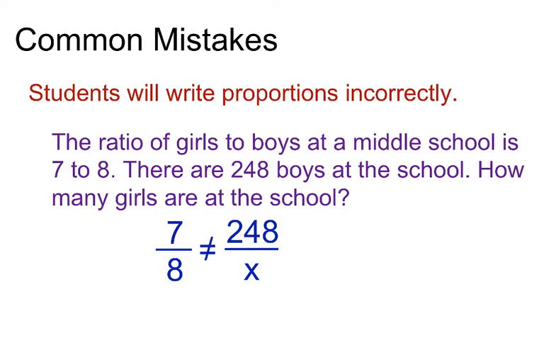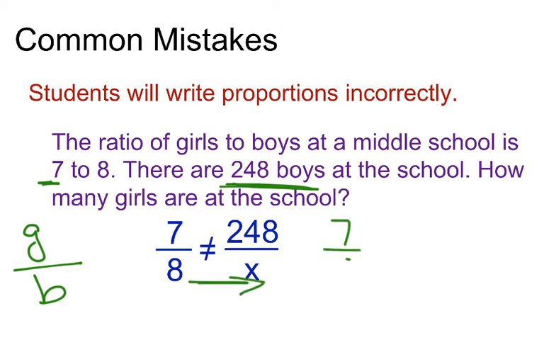A common mistake is students will write 7 to 8 is 248 to what? Well, in this case, we need to remember that girls come first and represent our 7, and boys represent our 8. So if we know that there are 248 boys, they need to be across from one another.